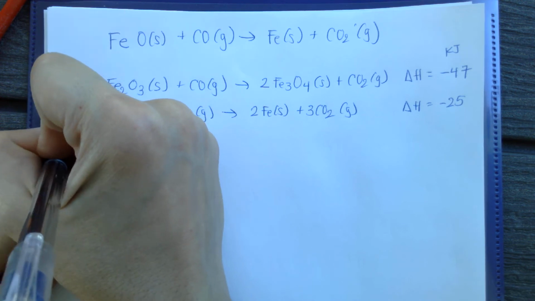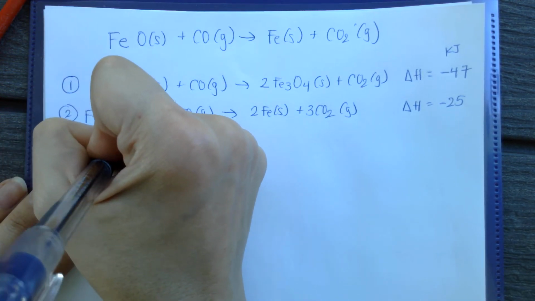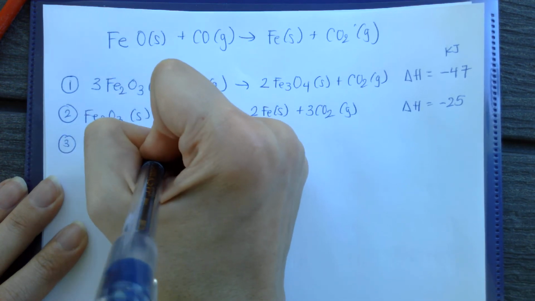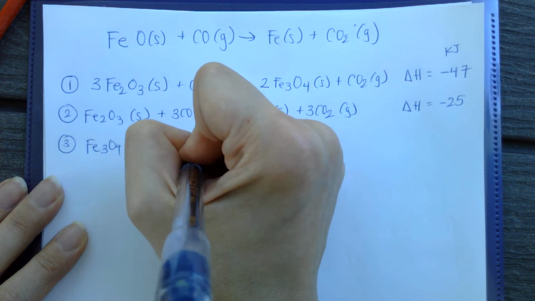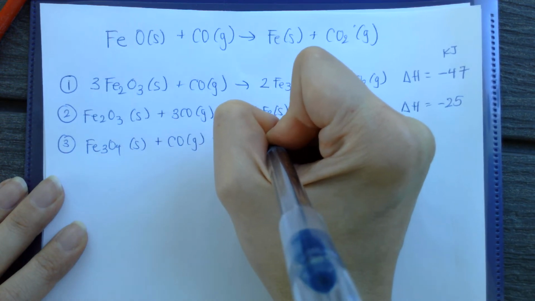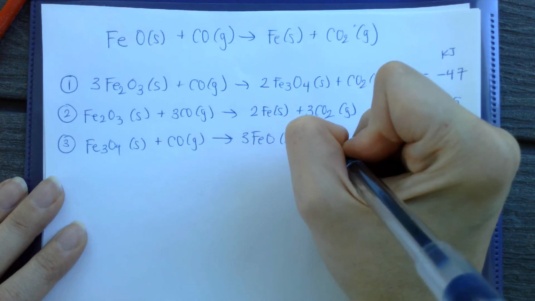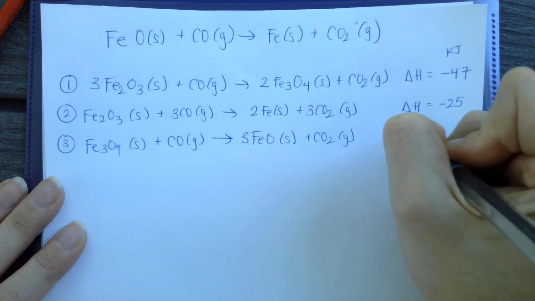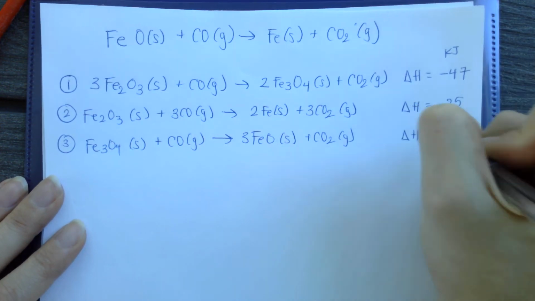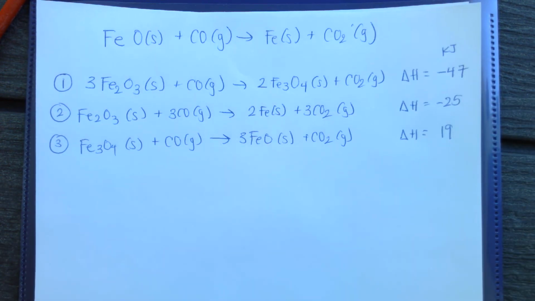And then finally, number 3, we have Fe3O4 solid plus CO gas to yield 3 FeO solid and CO2 gas. So our delta H for this one is 19 kilojoules.